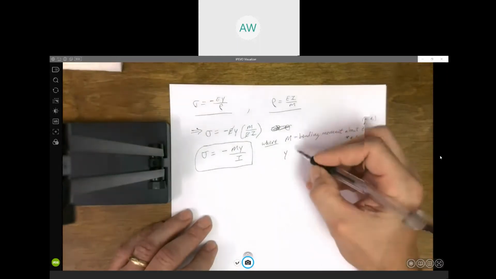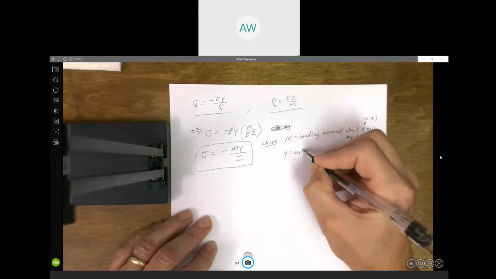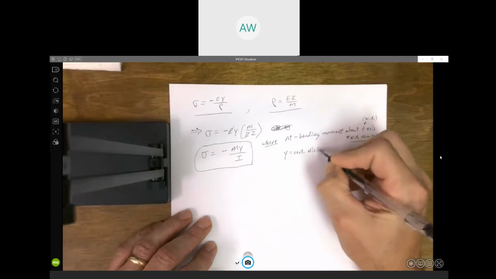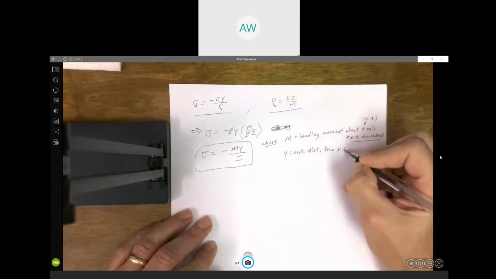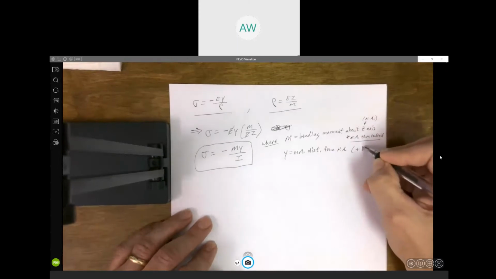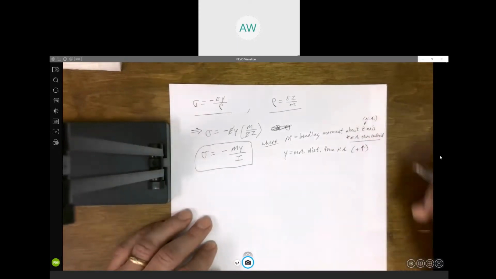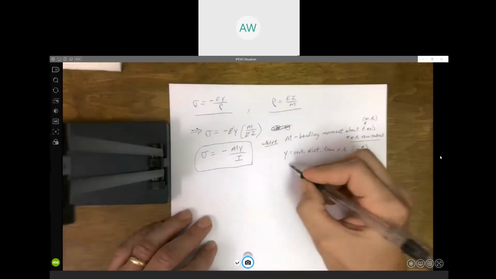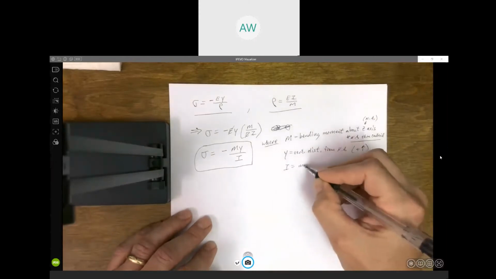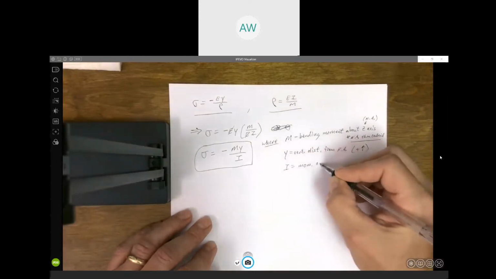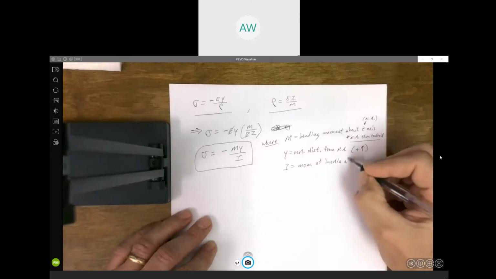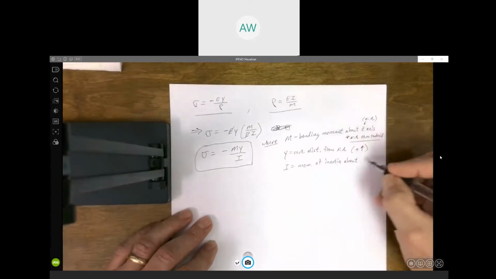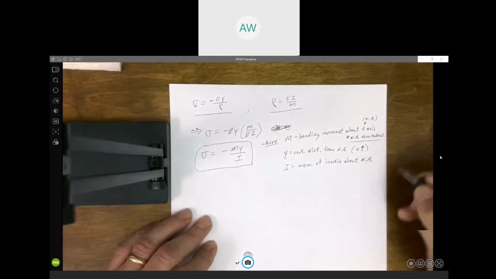Y here is, again, the vertical distance from the neutral axis, and positive is up. I, again, is our moment of inertia about that neutral axis.